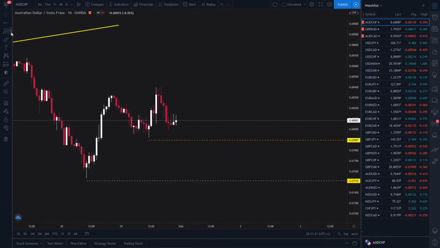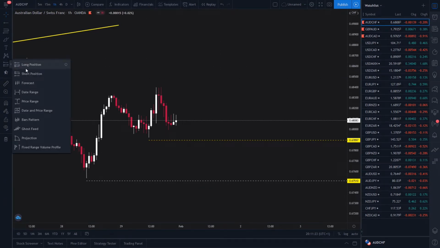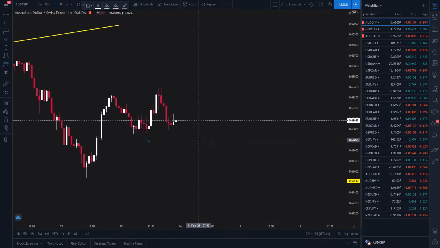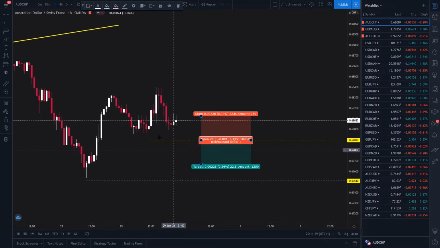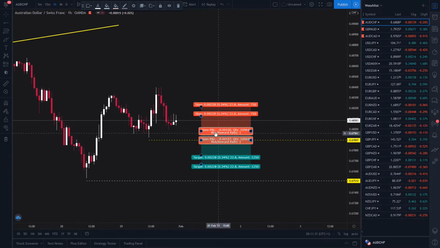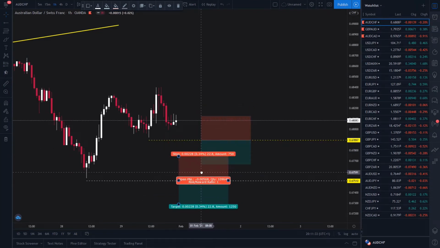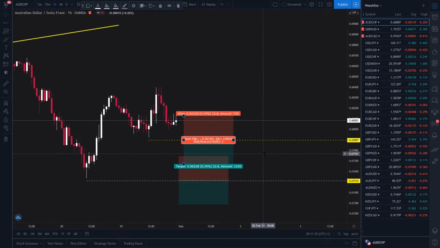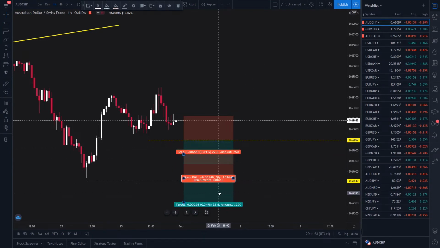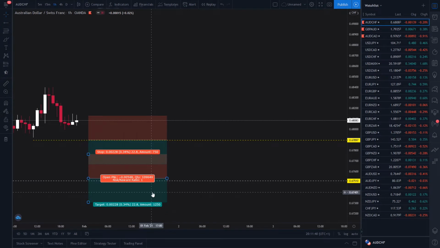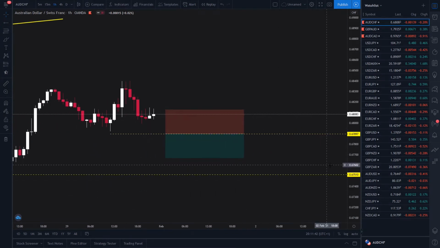So we are going to be selling, so we will pick a short position and I will place it here, and the second I will place it also in here. So let's zoom by this one.